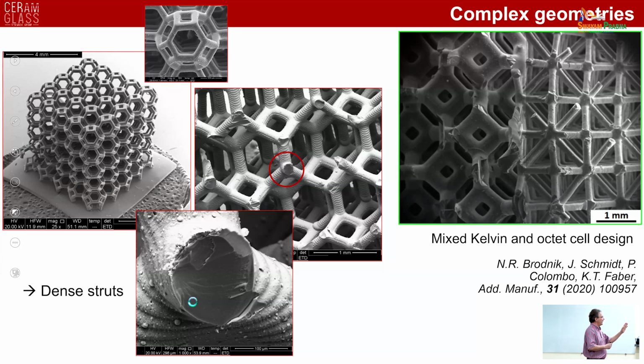The reason for having a mixed structure is that we were looking at how the cracks would propagate through the structure, because when you change the mode of fracture, you have crack deviation and increased toughness. So this was a study that was conducted in order to try to achieve that kind of behavior.